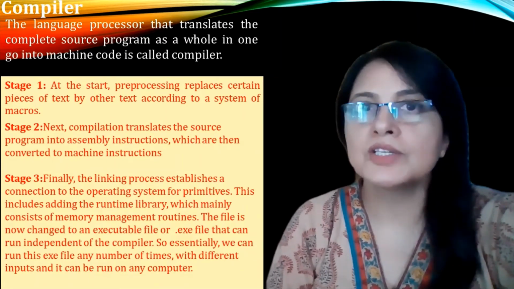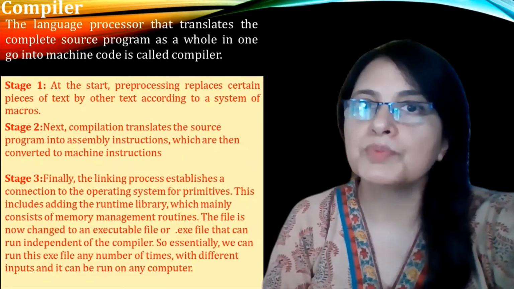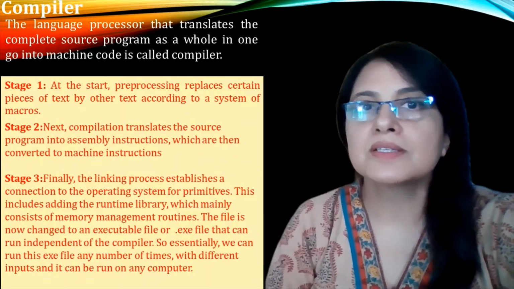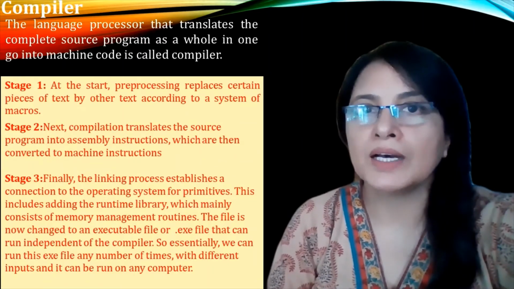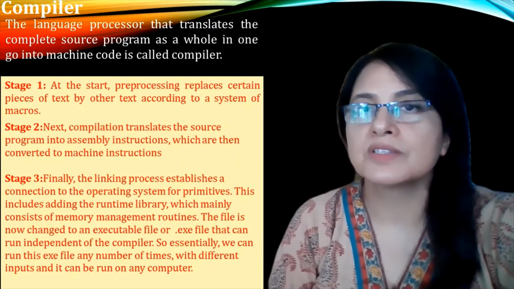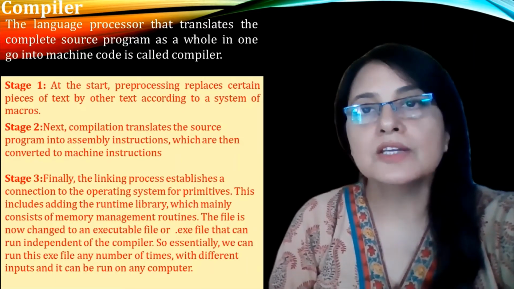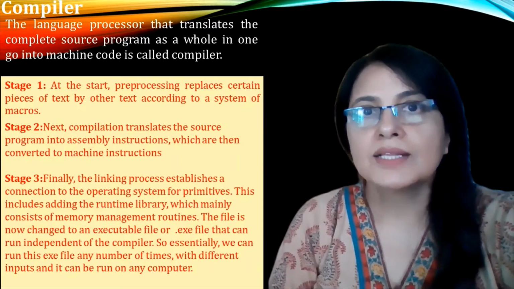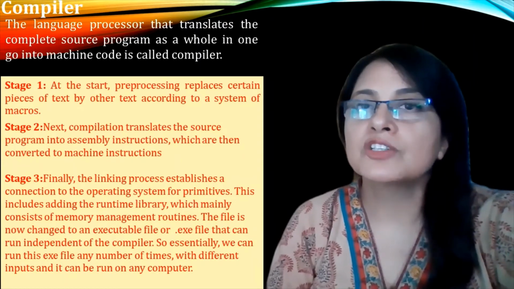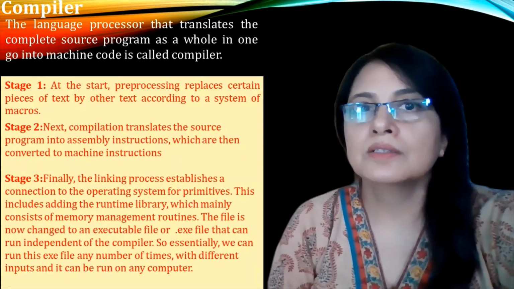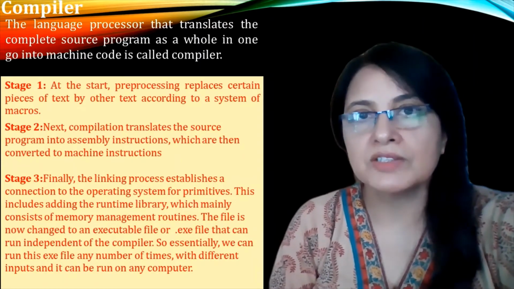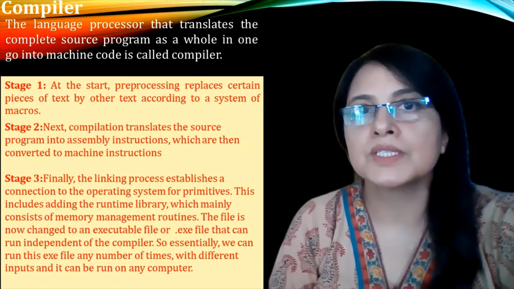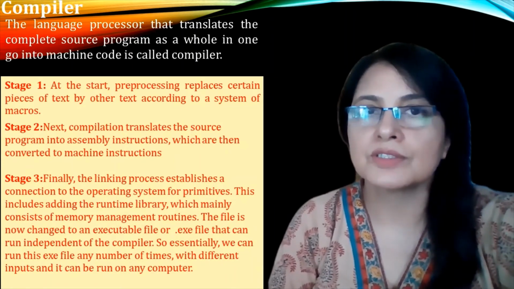The first stage is pre-processing, that is, replacing certain pieces of text by other texts according to a system of macros. Stage 2 has many sub-stages. The compilation translates the source code into assembly instructions, which are later converted into machine instructions.